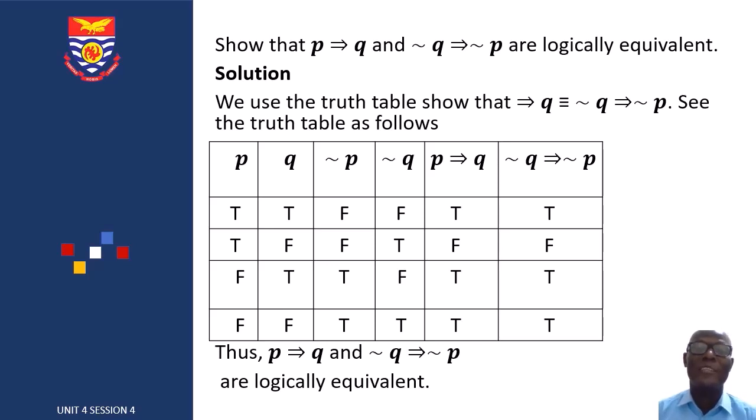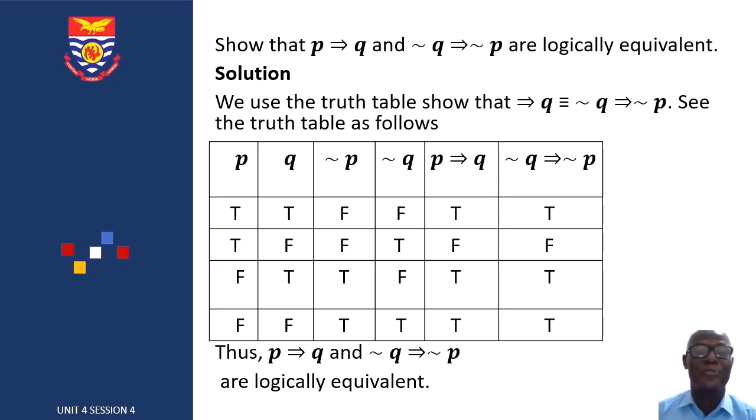Now the implication of P and Q. If P is true and Q is true, then P implies Q is true.